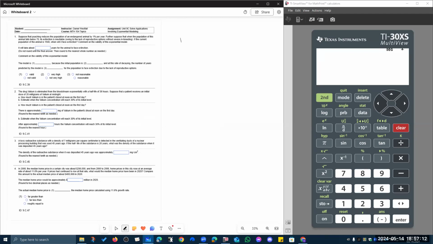If y equals a to the x, then I can take the log of both sides like this.